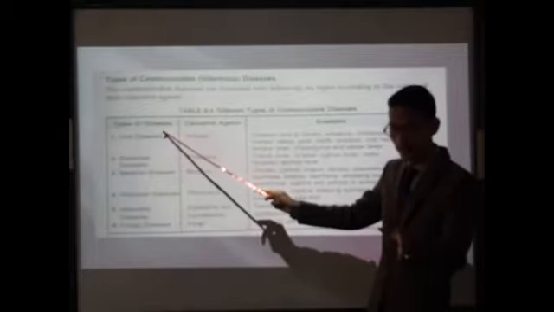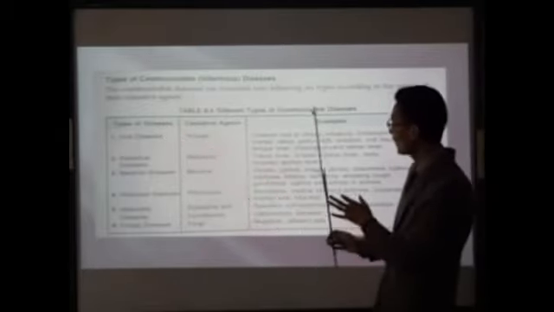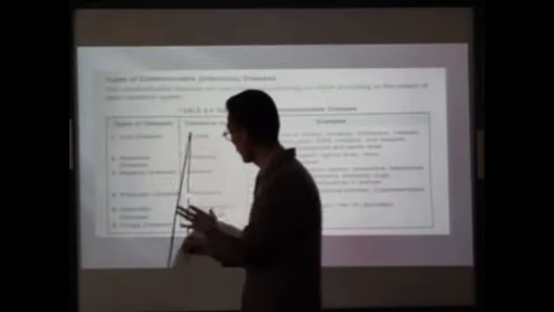So kindly go through table number 8.4 and remember the type of disease, the name of the causative agents, clear? And examples of the diseases which are caused by viruses, bacteria, protozoa, flatworms and worms, and fungi. Clear? So kindly go to table number 8.4.